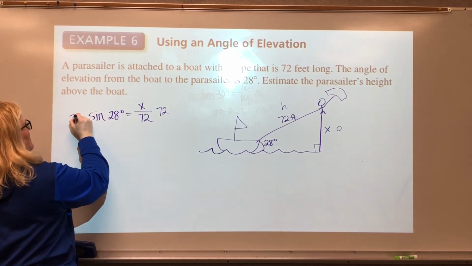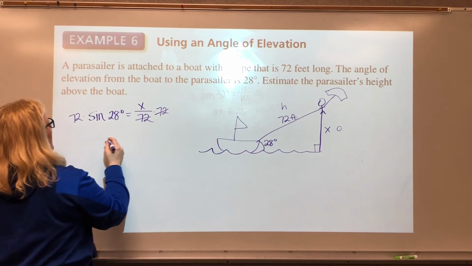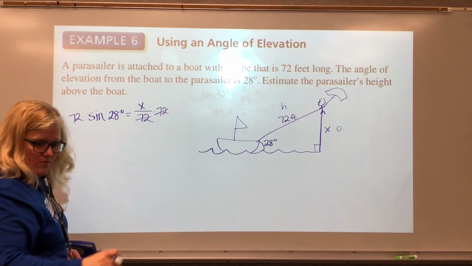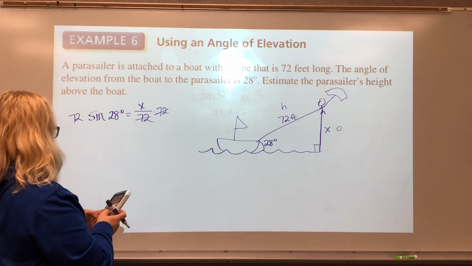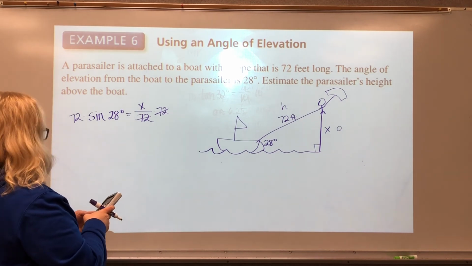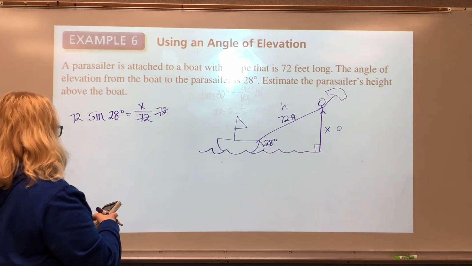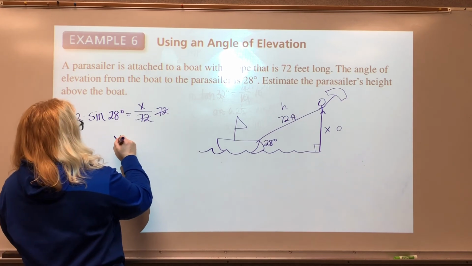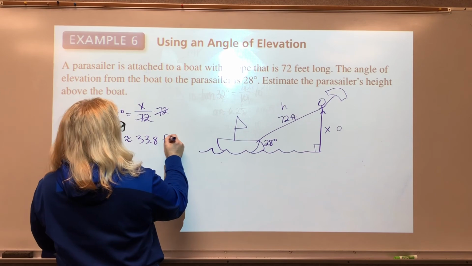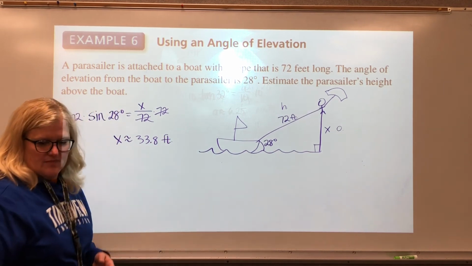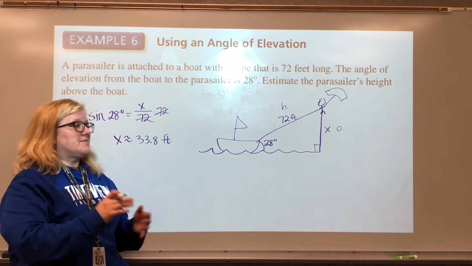And we multiply both sides by 72, and I get 72 times sine of 28 gives me X is approximately 33.8 feet. And that makes sense.